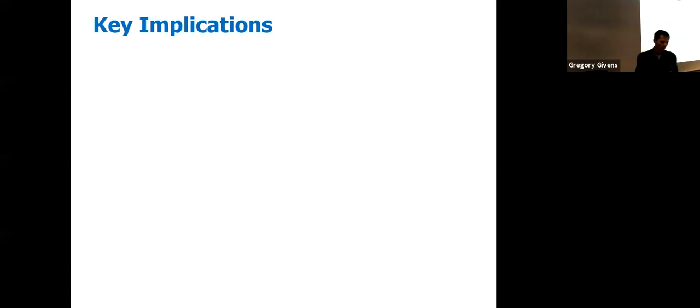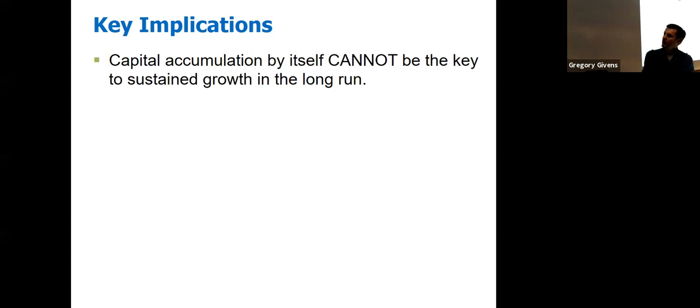The one major implication of the Solow growth model that we just graphed a minute ago is that capital accumulation by itself cannot possibly be the source of sustained growth in the very long run. Okay, and I want you guys to think about this for a minute.